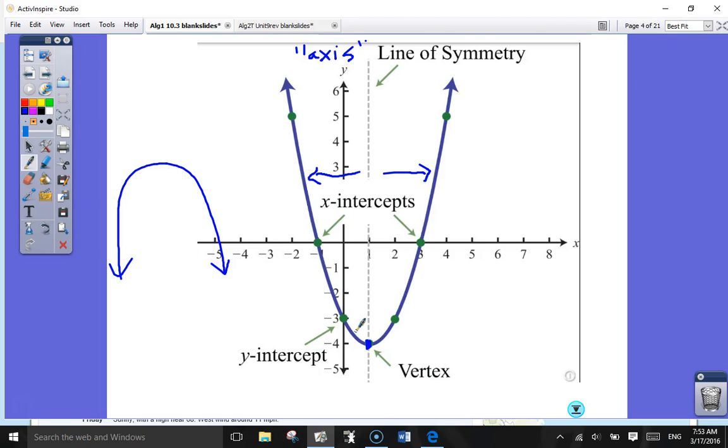Now, the parabola is actually kind of an interesting shape. Does anybody here have a satellite dish at home? Satellite dishes are shaped like a parabola, because a parabola has this unique feature that anything that shines into the parabola will bounce off the side and be reflected to a point in the front.